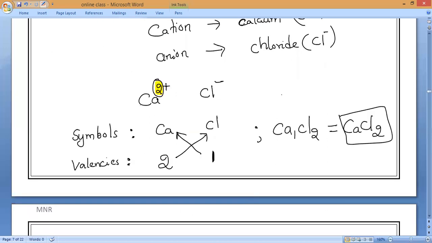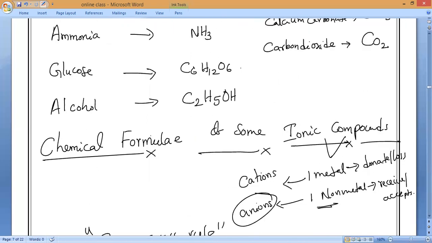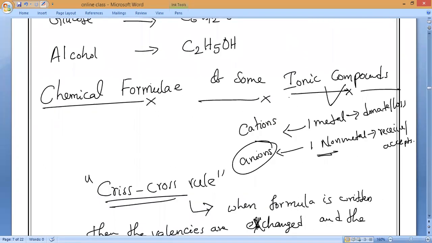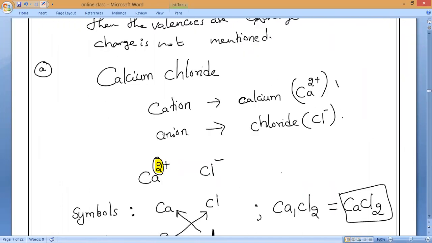You have to know that we are writing ionic compounds now, not covalent compounds. Later we will write covalent compounds. Be very careful. Ionic compounds means you must know the cation and the anion, then only it is possible to write the formula.